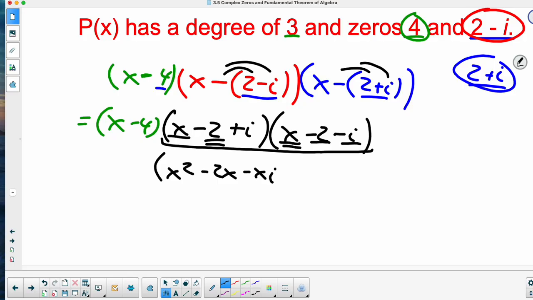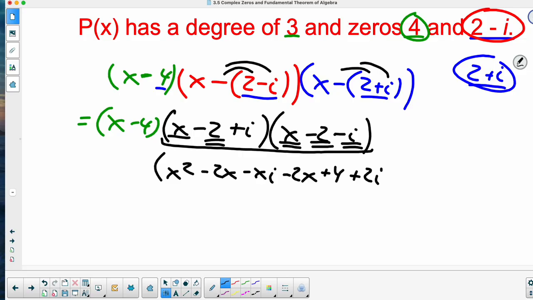Negative 2 times x is negative 2x. Negative 2 times negative 2 is 4. Negative 2 times negative i, a negative and a negative will make a positive, so we get positive 2i.